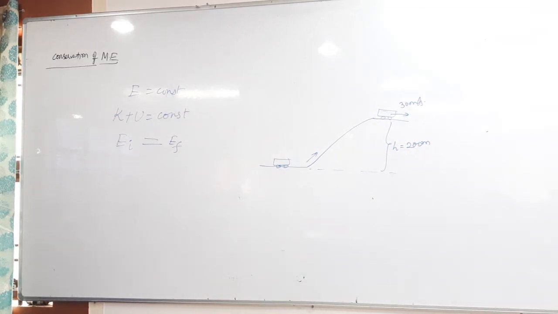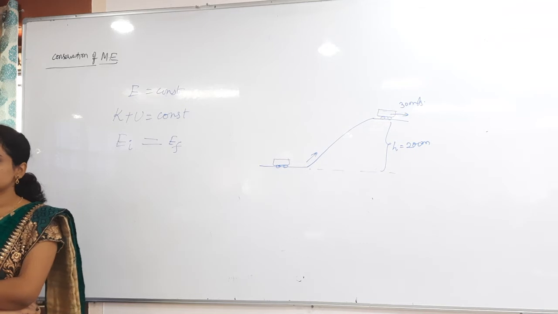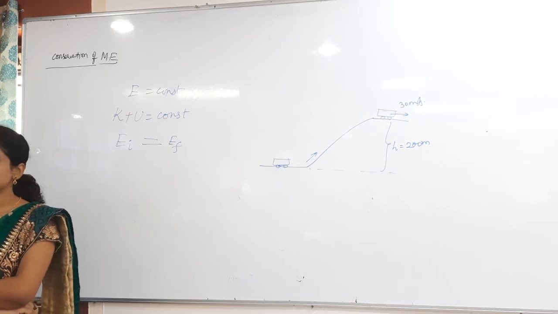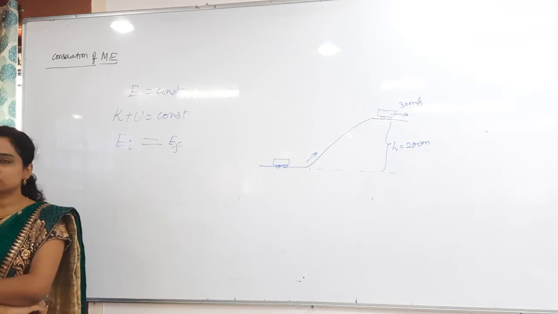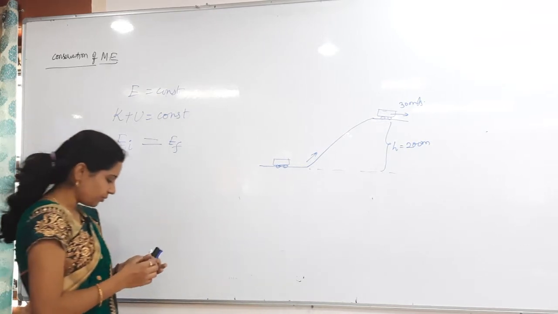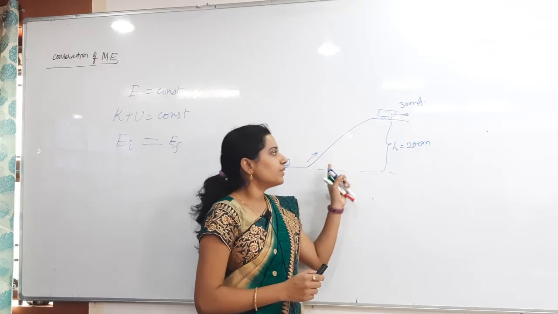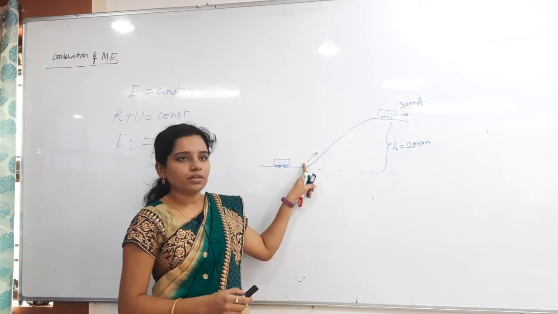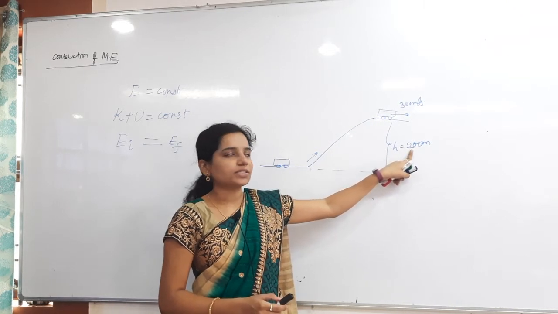Yes, very good. Shall I? You might be doing the calculation slowly. So here a car is moving on the hill and going on to the top of the hill of how much height? 200 meters height.